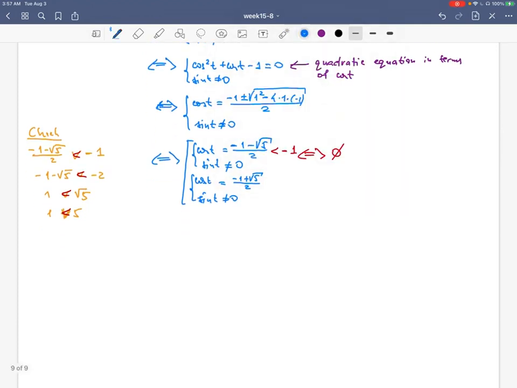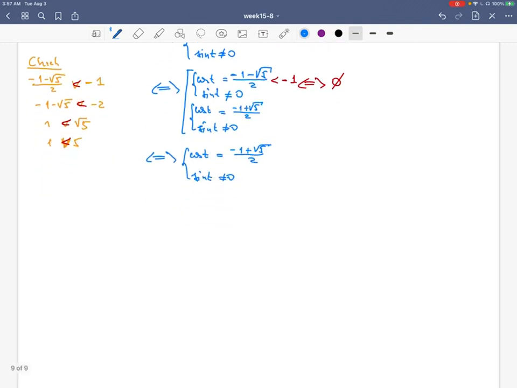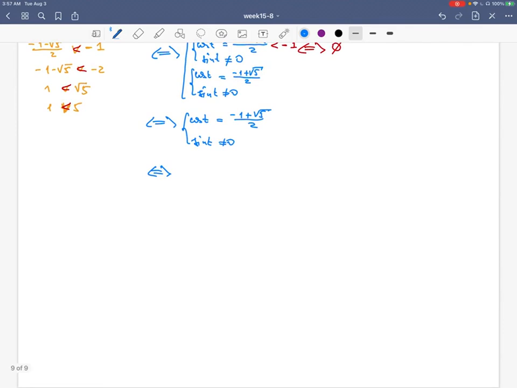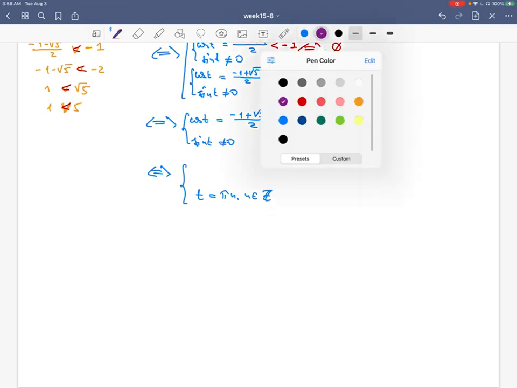So we get that cosine t equals -1 plus root 5 over 2, and that sine t is not 0. Well, that sine t is not 0 simply means that t is not pi times n when n is an integer. And again, why is that?